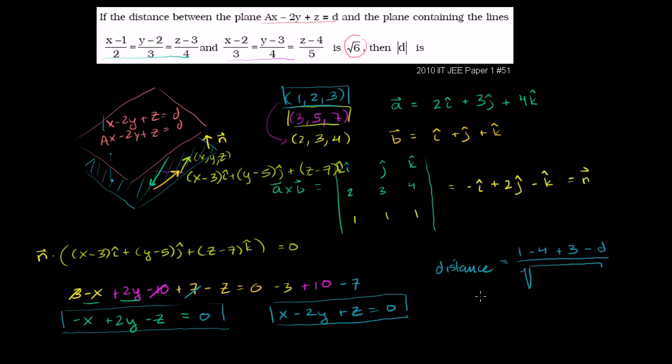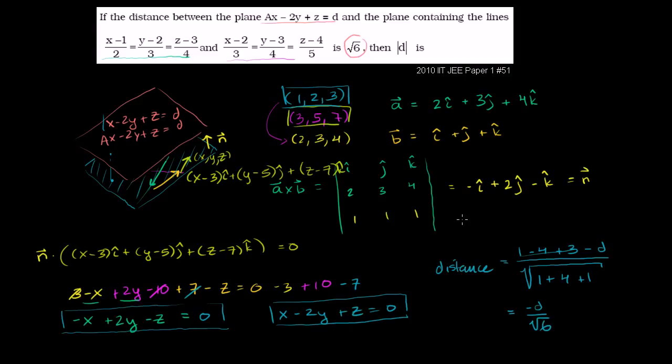So it's going to be equal to 1 squared plus negative 2 squared, which is 4, plus 1 squared, which is 1. So this is going to simplify to the distance is equal to 1 minus 4 plus 3 is 0. So in the numerator we have negative d, all of that over the square root of 1 plus 4 plus 1. So all over the square root of 6.